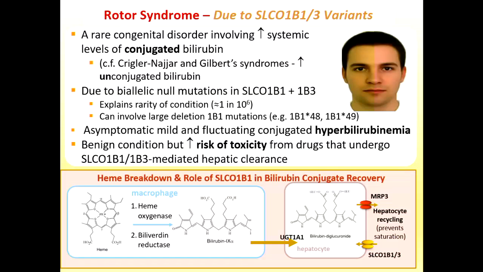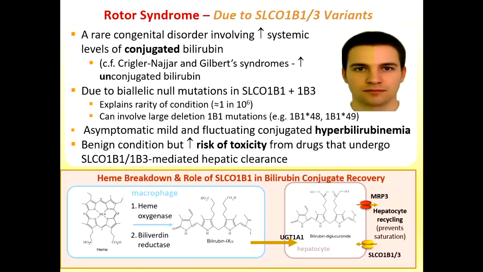Now, the interesting thing about Rotor syndrome is it's kind of similar superficially. These people often have hyperbilirubinemia, so yellow coloration of their skin in Caucasians is a classic sign of it. But what's going on here is a little bit more complex. So think about the role of what bilirubin is. It's basically a metabolite of heme.